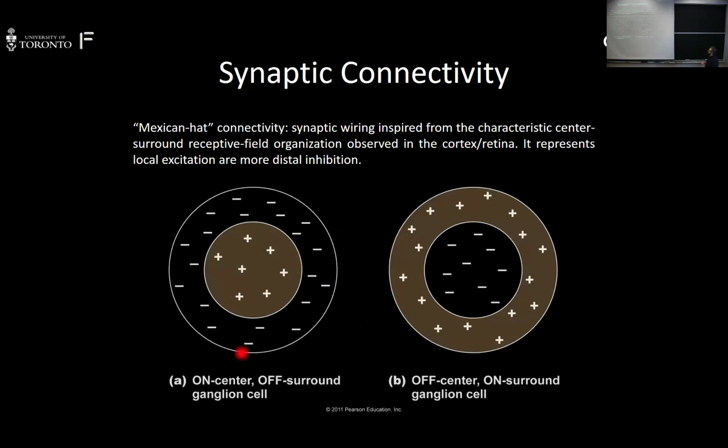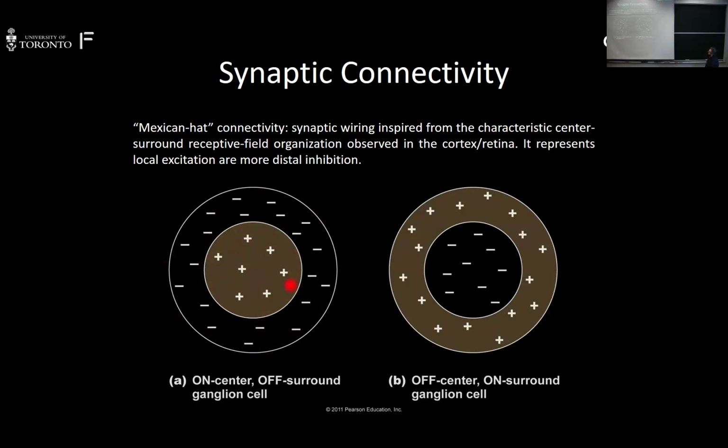This is related to the retina and the visual system, retinal ganglion cells. So you have a center, the plus is here saying for some point in the middle, and then this is going out in X and Y, so two-dimensionally. We have some local excitation, and then you move out, and we have a domain of inhibition.